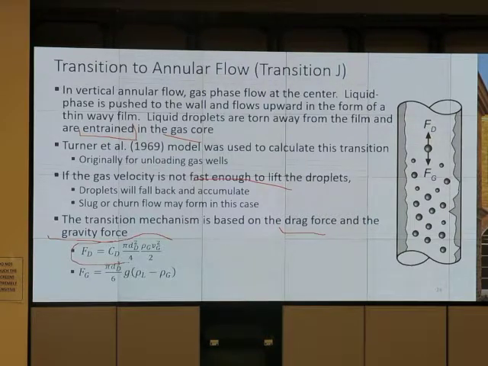The drag force that you have seen here is for external flow. The one that you have seen, like 2f rho v square over there, is for internal flow. But the formula is very similar. Instead of the friction factor, we use C sub D for external flow, flow across a sphere.